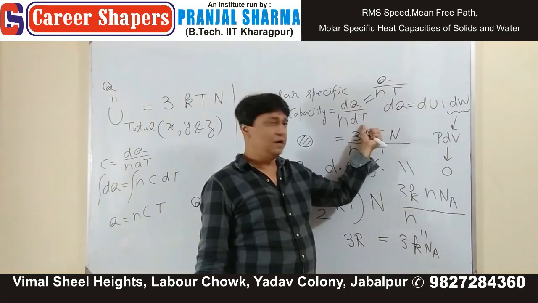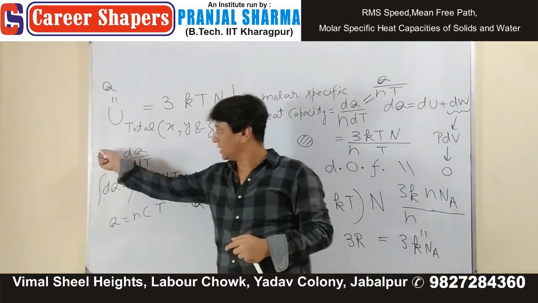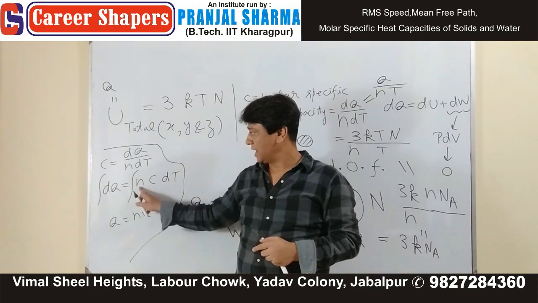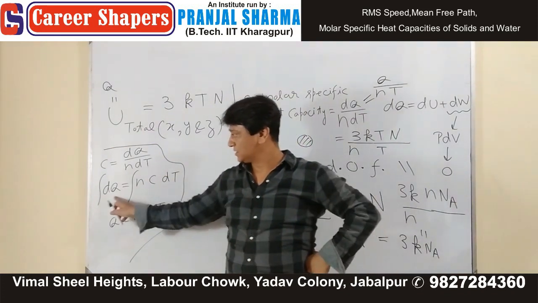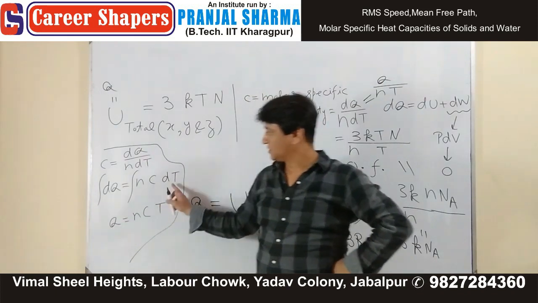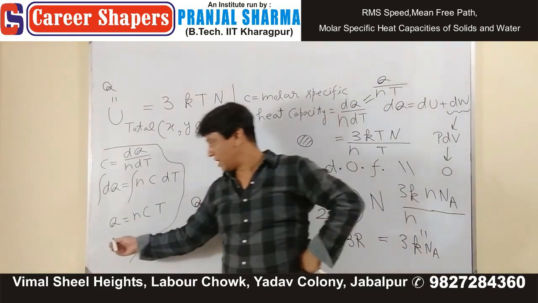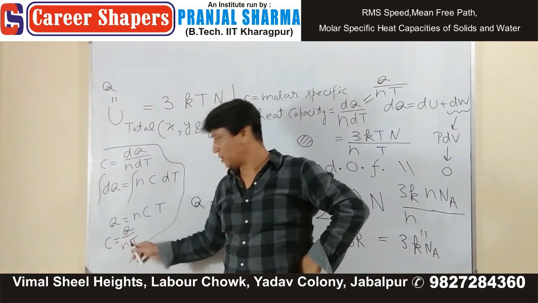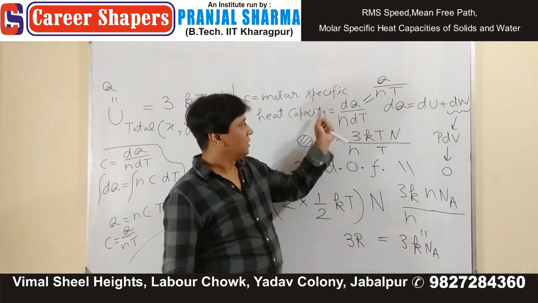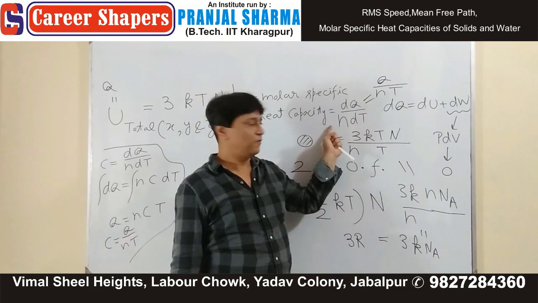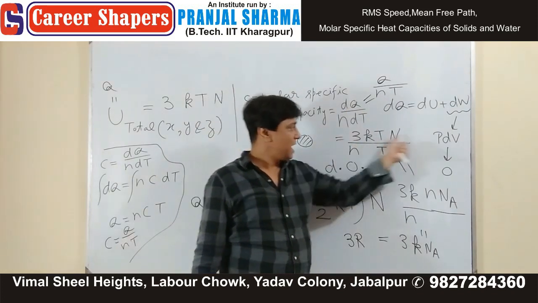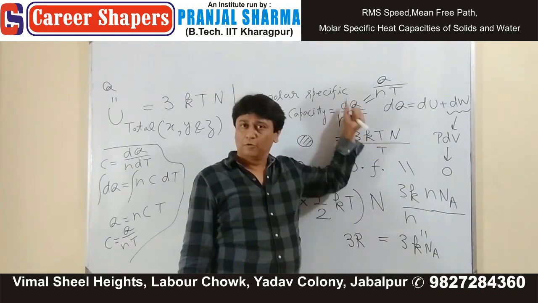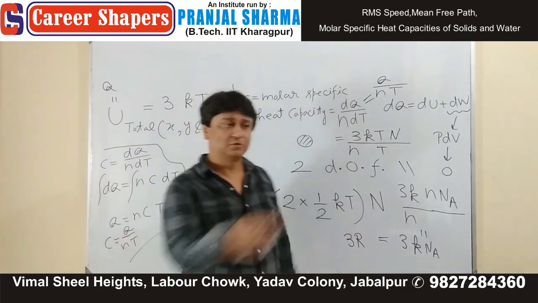When you use dq and dt, you are basically using fast integration. n is a constant, C is a constant. This is dy whose integration is y. This is dx whose integration is x. So I could have easily written C as q upon nT. I could have, but since I have only told you the formula of C in this form, I wrote dq directly and dt also directly as T. I hope this is clear. Is it? Yes or no?